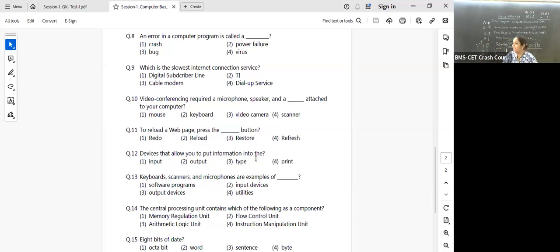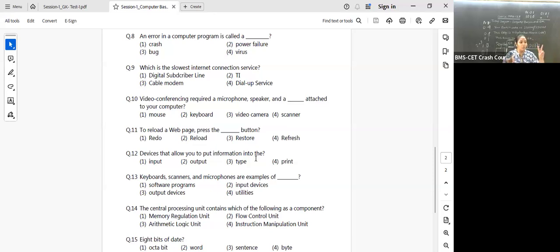Okay, what else is left? Then bit and byte: the smallest unit of information is 1 bit, and 1 byte is 8 bits. Then the number systems we discussed. Your computer has many different number systems: binary, decimal, hexadecimal. What was the range of decimal? 0 to 10? Why not 10? 0 to 9.